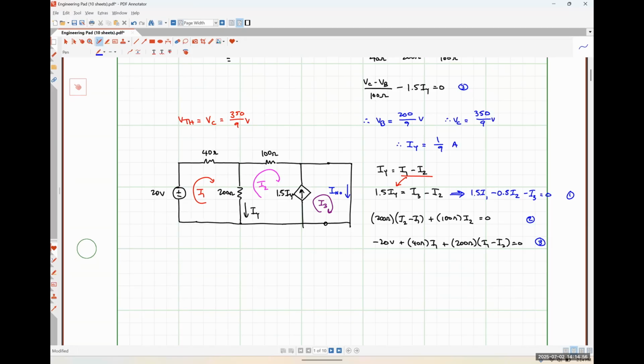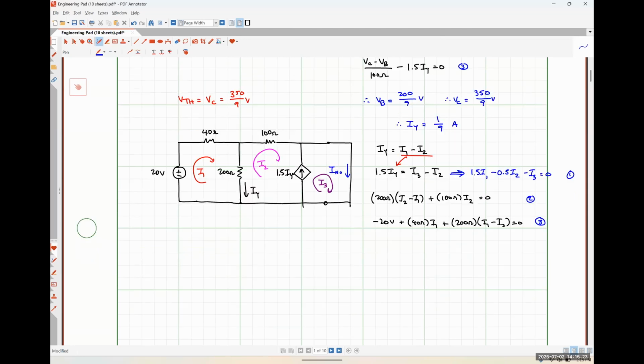My coefficient for I2 is 200 plus 100. My coefficient for I3 is 0, and my constant term is 0. And in my third equation, my coefficient for I1 is 40 plus 200. My coefficient for I2 is negative 200. My coefficient for I3 is 0, and my constant term is 20.